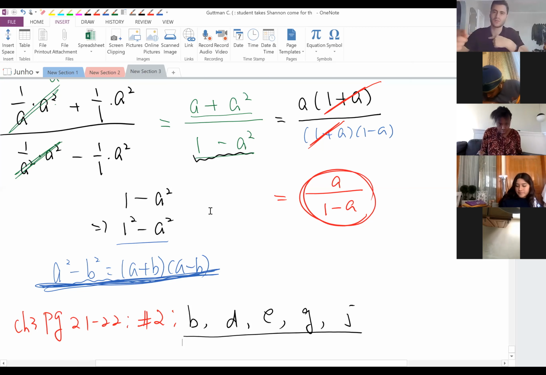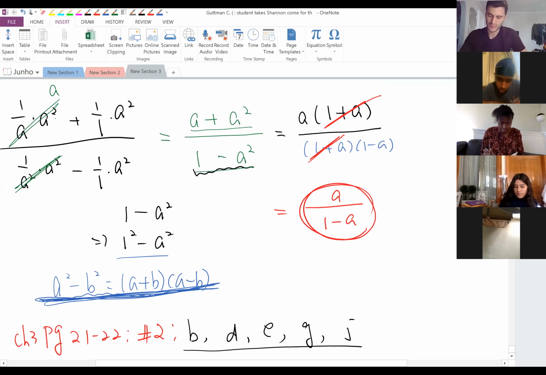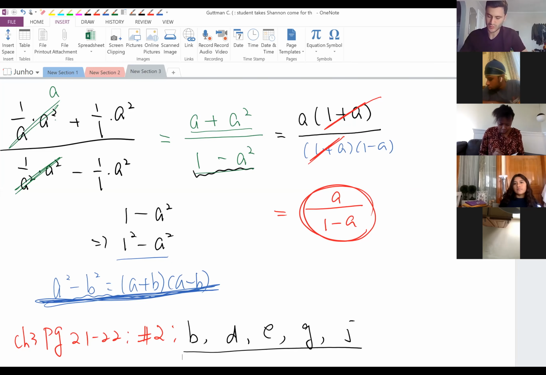And then we switch the denominator and we make it 1 plus a divided by a, multiplied by a squared divided by 1 minus a squared. And then when we multiply, it's going to be a squared plus a cubed divided by a minus a cubed. And then we factor a squared up and down. And then we simplify and it's going to become the same answer.